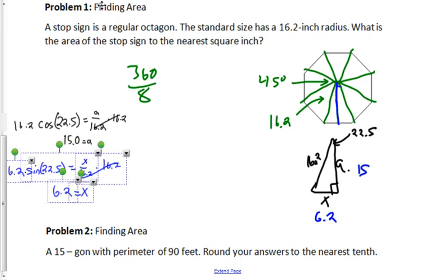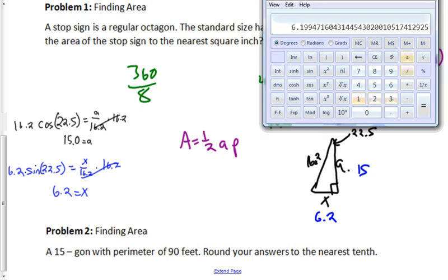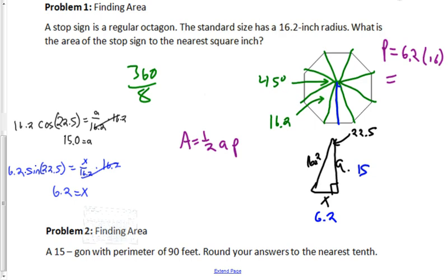So remember, area is equal to 1/2 the apothem times the perimeter. To find the perimeter, we're going to multiply 6.2. There's 2 of them per base, and there's 8 bases, so we're going to multiply by 16. 6.2 times 16 will give us our perimeter, 99.2.